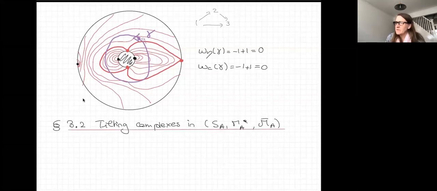We will see. Okay, so first, I'm just briefly going to recall what a tilting complex is.